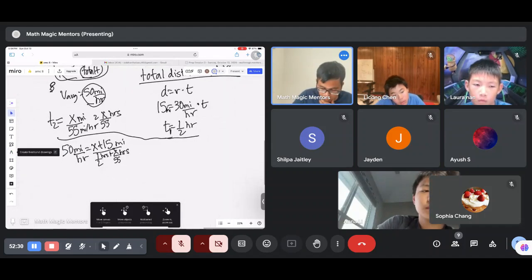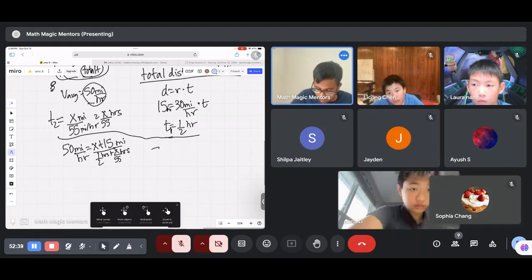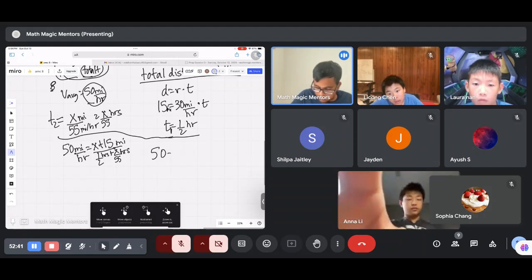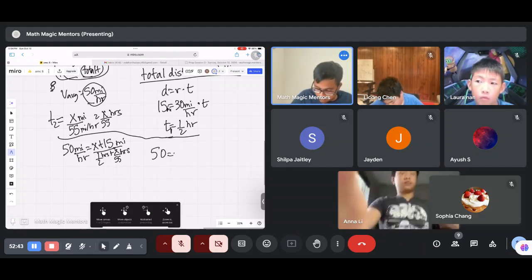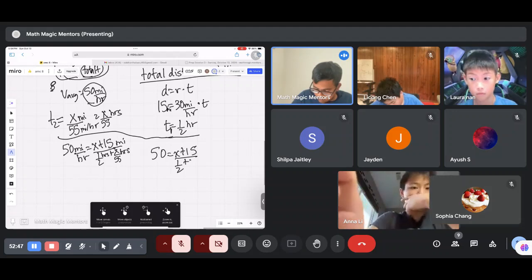I'll ignore the units for now because we have to find the additional miles, so it'll be easier to see the equation. So it's gonna be x plus 15 over one half plus x over 55.